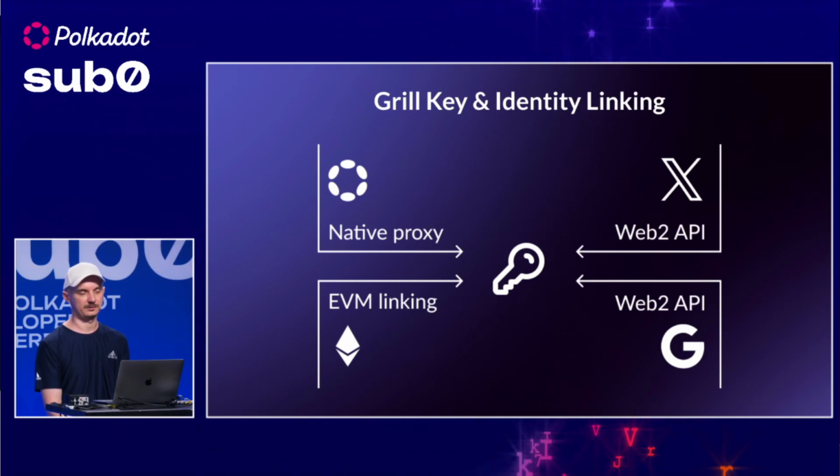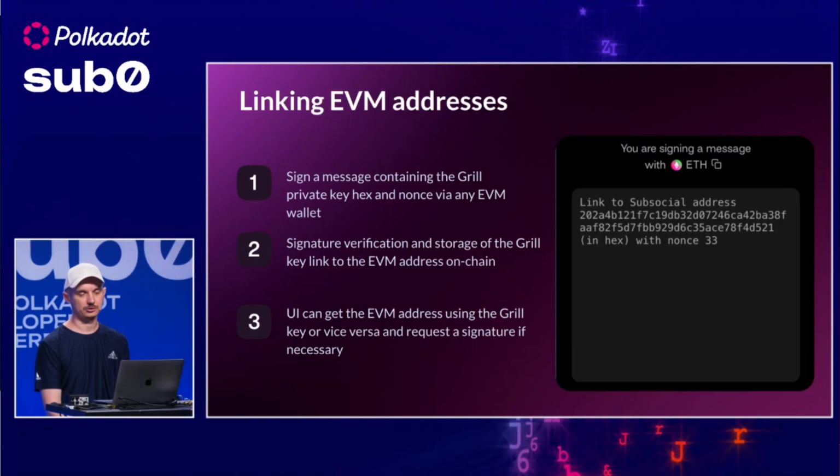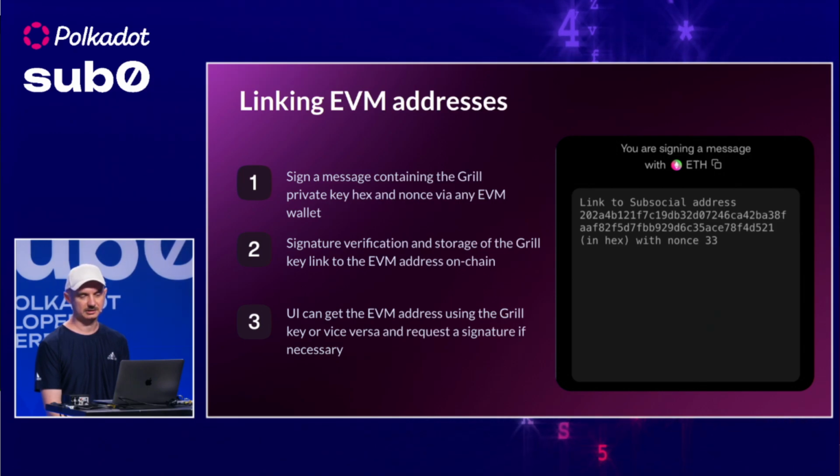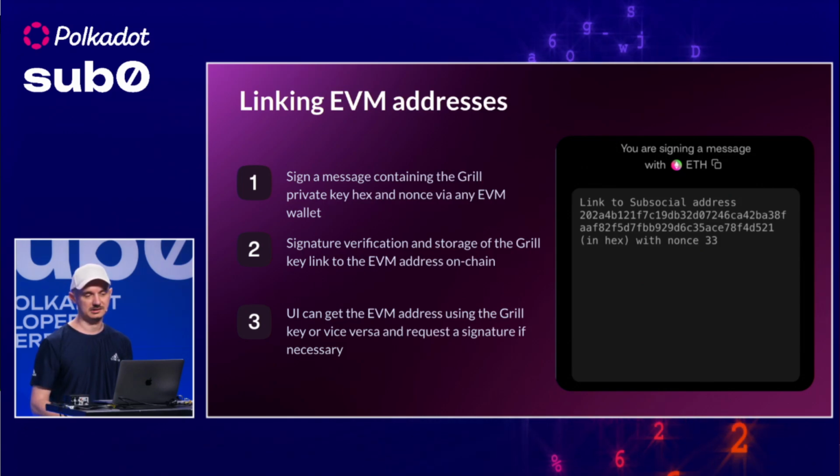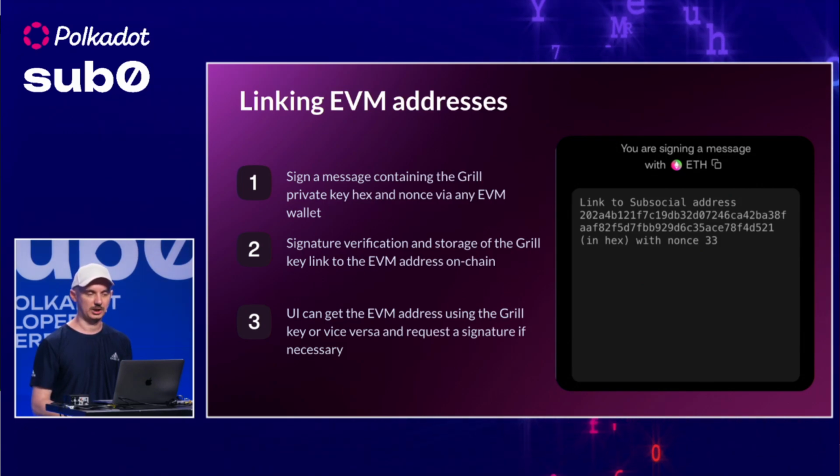And also, by utilizing this in combination with the linking of EVM accounts, which works in this way: we show a message to the user's EVM wallet, let's say MetaMask or Talisman, as I saw in this screenshot. The message says link your Subsocial address, and this is your address in hex format with a nonce from the blockchain. Once you sign it with your EVM address, this signature is sent to our chain as a non-paid transaction.